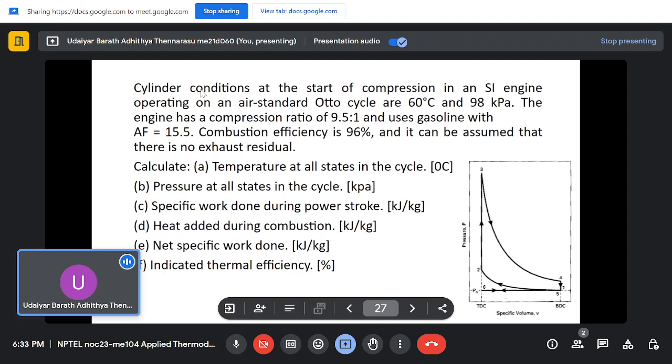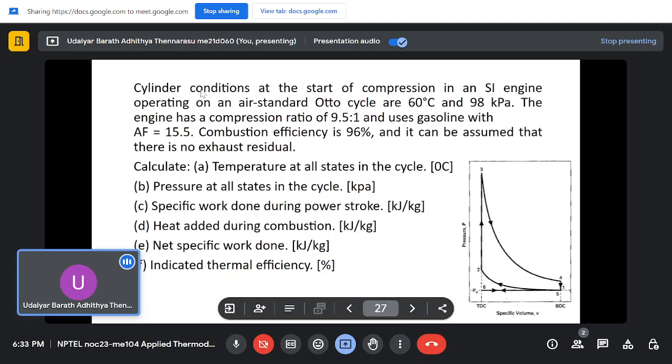So moving on, we will see some numericals on each of the cycles. First, we have cylinder conditions at the start of compression in a spark ignition engine operating on an air standard Otto cycle. So we are considering a spark ignition engine operating on the Otto cycle.